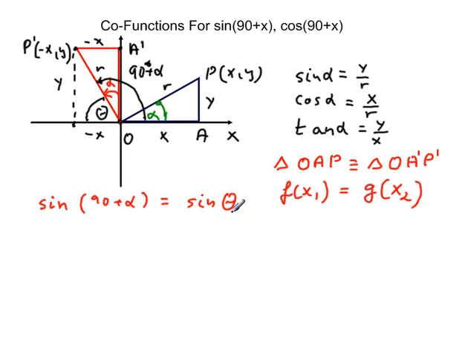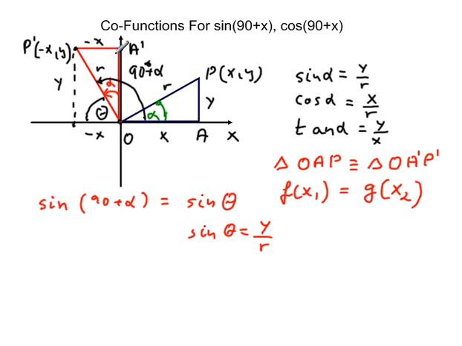But there's no benefit to that statement, because we have one unknown on that side and another unknown on the opposite side. However, sine of angle theta, that ratio, is represented by the ratio of the following sides: y divided by r. So sine theta is equal to y over r.